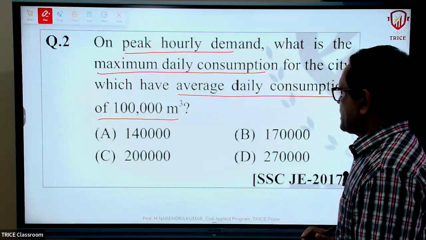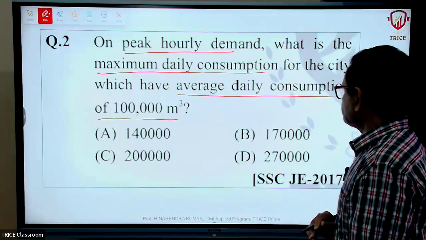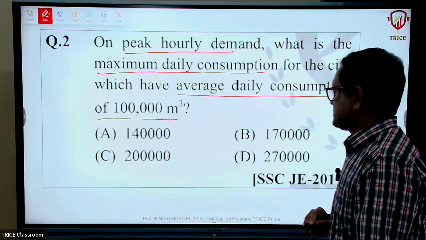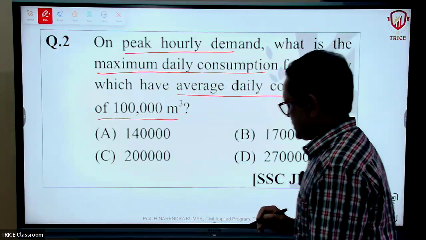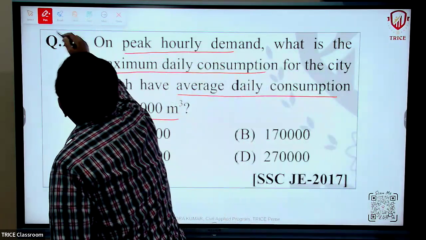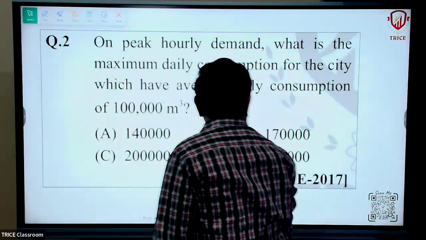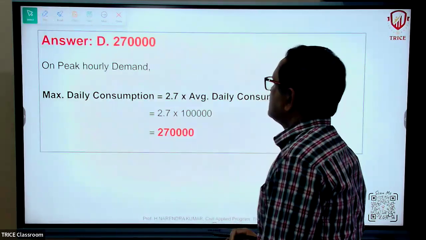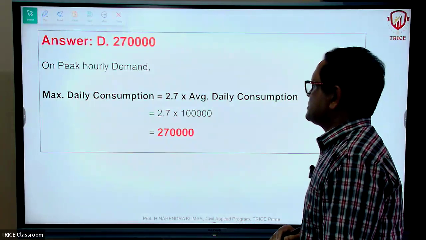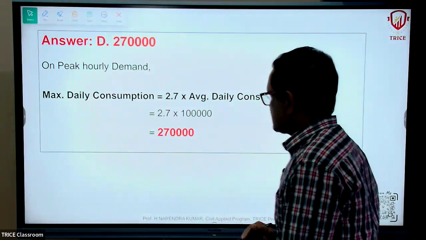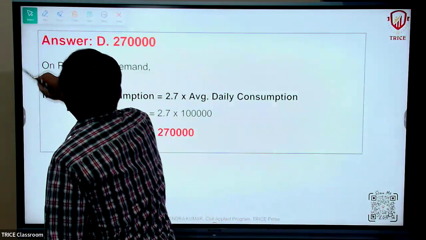There are 4 options here: 1,40,000, 1,70,000, 2 lakhs and 2,70,000. So let me give the solution in the next slide. The answer is 2,70,000. How to calculate? The solution is here.